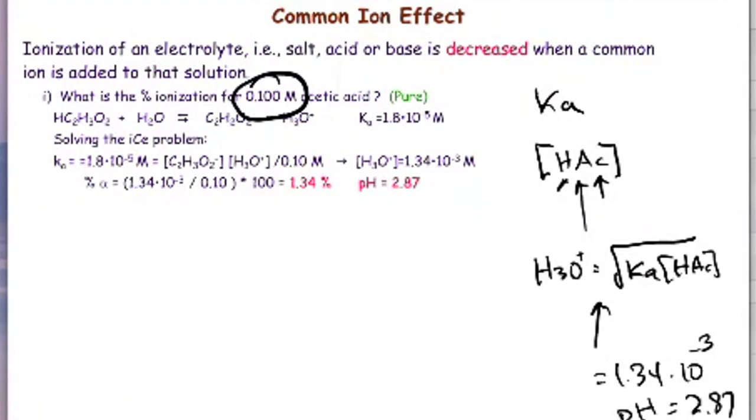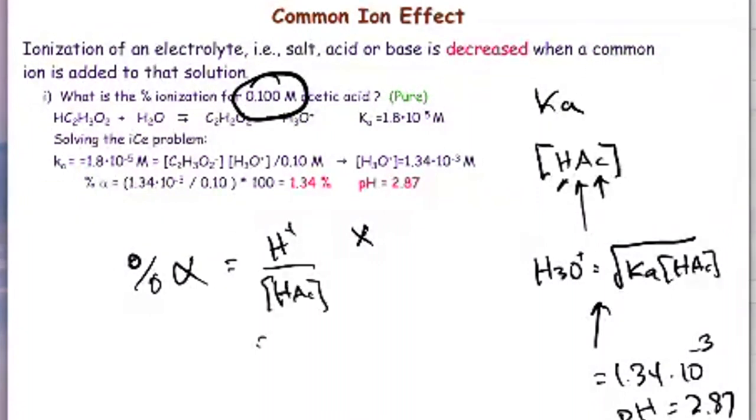If the question is what is the percent ionization, alpha, that's equal to the amount of acid that forms, that's x in the ICE table, divided by the initial concentration of the acid. So that's 1.34 times 10 to the minus 3 divided by 0.10.